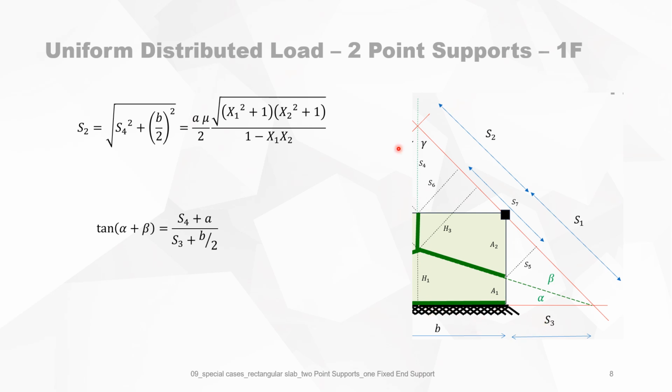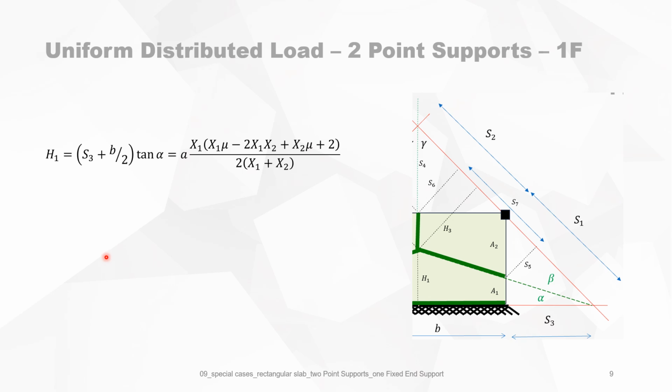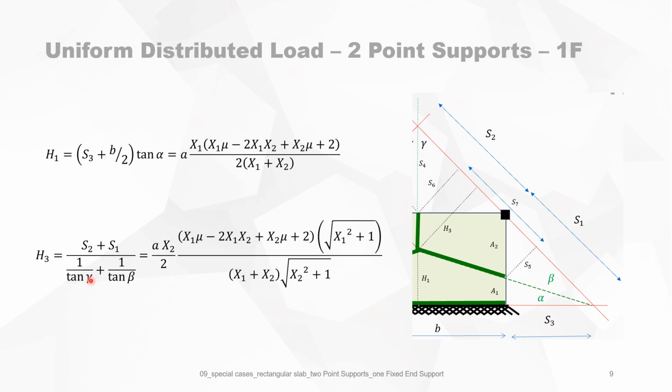This is B over 2, and I've cut the picture in half. And so you can continue expressing all geometric parameters in function of x1 and x2. Again, for H3, we have used the cotangents rule, but it's sometimes getting a little bit complicated.